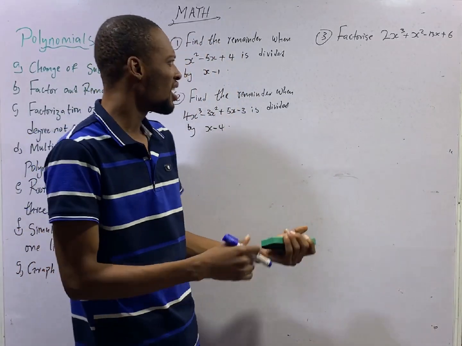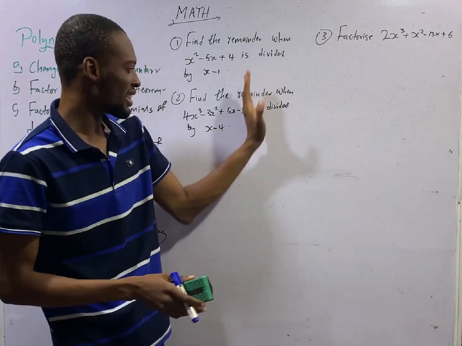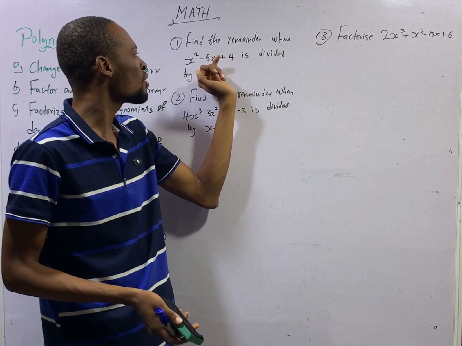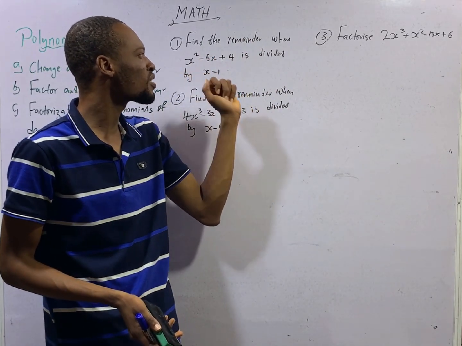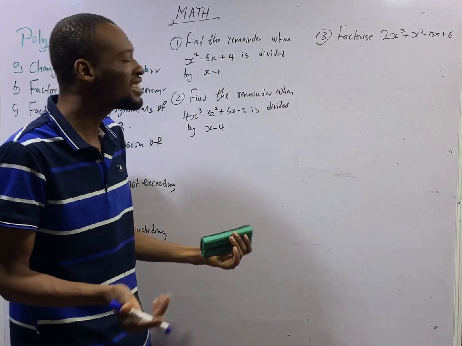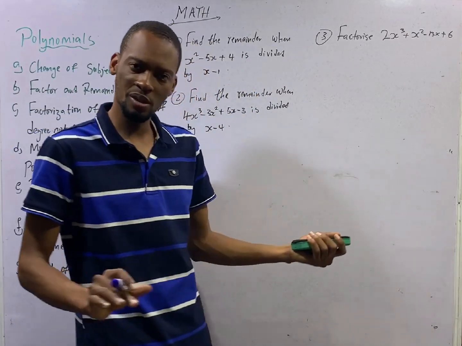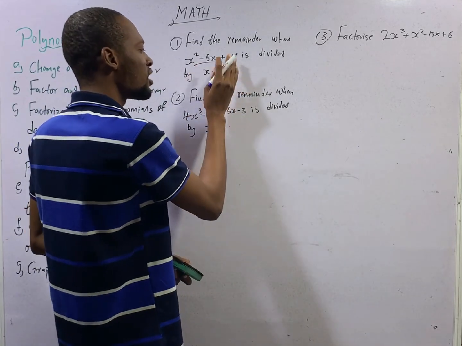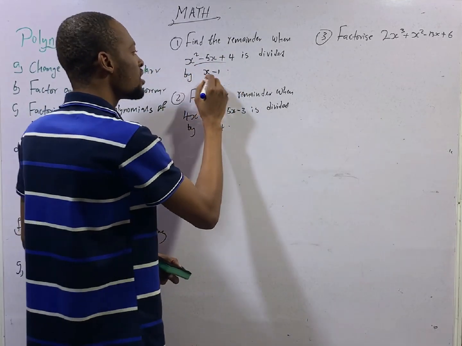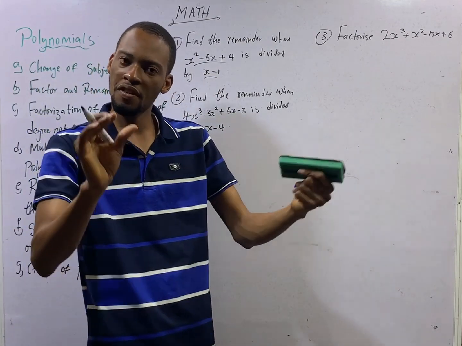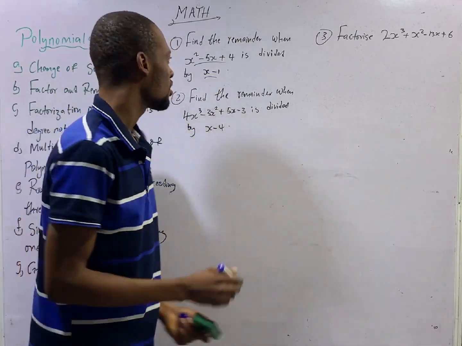Every time you are given questions like this, they say find the remainder when s squared minus 5s plus 4 is divided by s minus 1. You do not need to use long division. Since this is the dividend of the polynomial and this is the divisor, the first thing you will do is equate the divisor to 0.